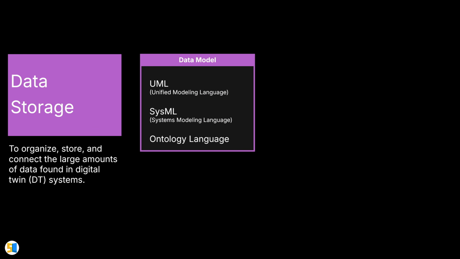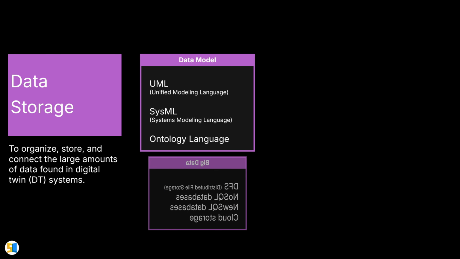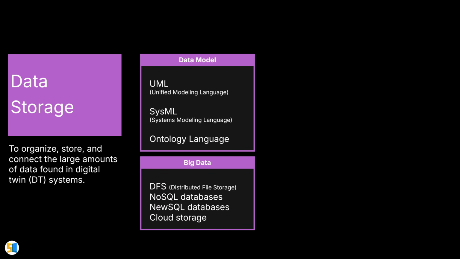Data can be modeled using appropriate modeling languages such as Unified Modeling Language or UML, Systems Modeling Language or SysML, and Ontology Language. Traditional database technologies are no longer feasible due to the increasing volume and heterogeneity of multi-source data.